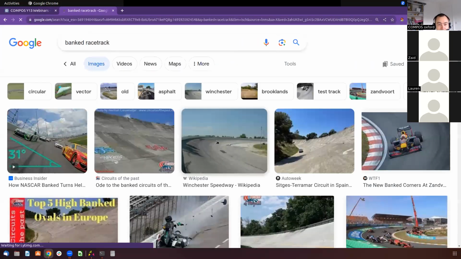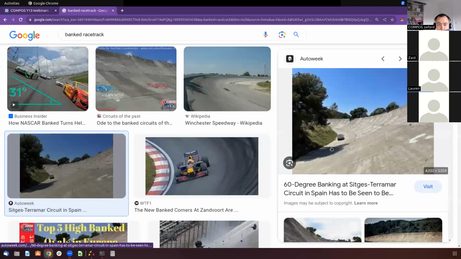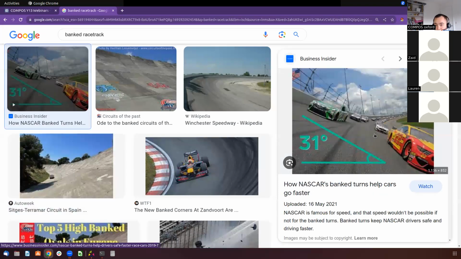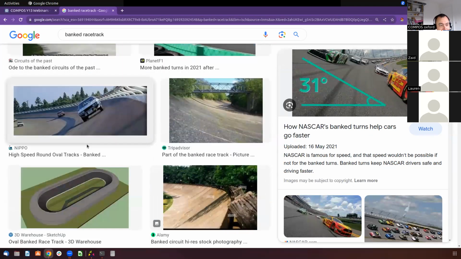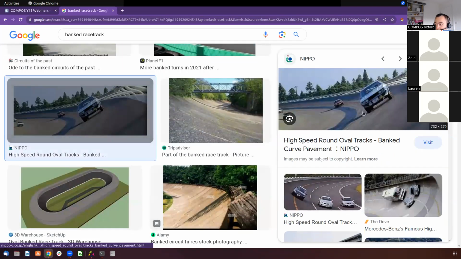If you look at a banked racetrack, obviously the cars can go faster around this bend. So for example, this racetrack is banked. It looks like a NASCAR racetrack, right? And this is a banked one.